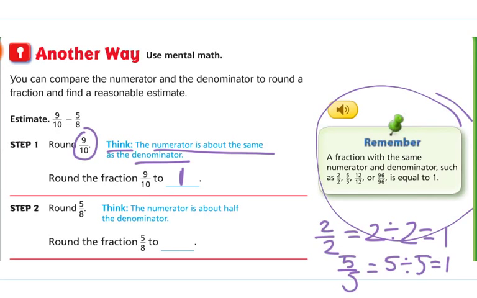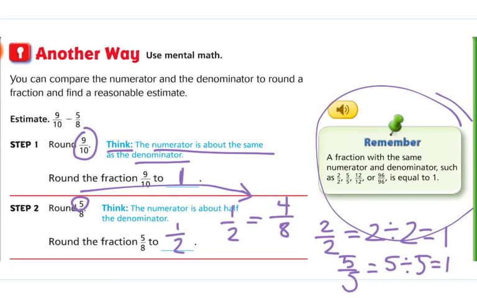Now let's think about 5/8. 4/8 is halfway. If we think about this, we have 5/8, and we know that we're closer to 4/8, which is equivalent to a half. So we would round 5/8 to a half. Again, that's because 5 is closer to 4, and 4/8 is an equivalent fraction to a half.